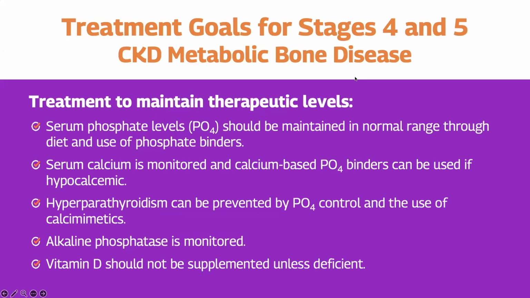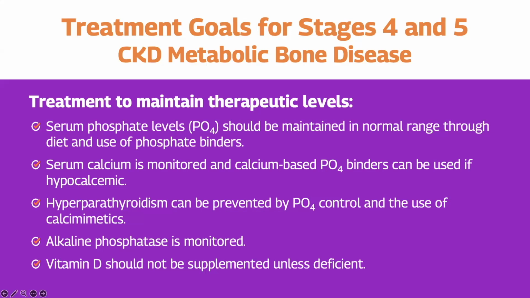Looking back, remember also that metabolic bone disease is initially caused by hyperphosphatemia due to the failing kidneys' inability to excrete excess dietary phosphate. Also know the treatment is going to focus on minimizing absorption. It includes reducing dietary intake of high phosphorus foods and adding phosphate binders.